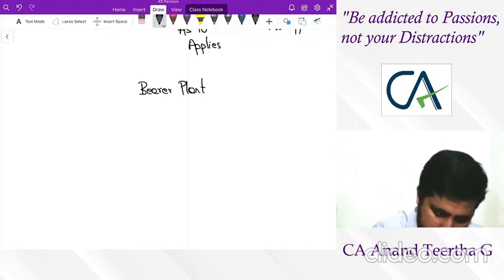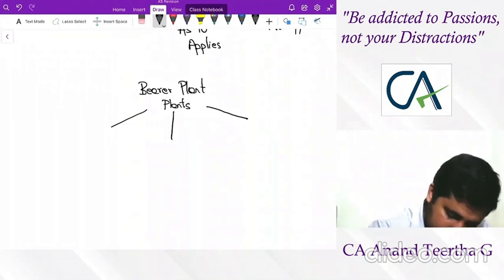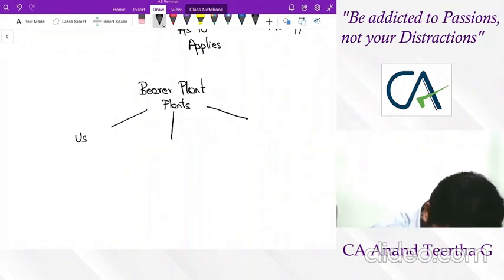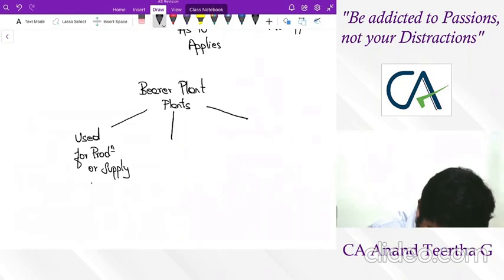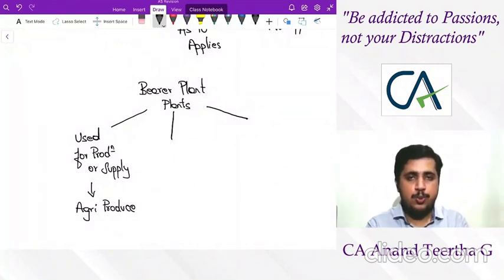A bearer plant is a plant first used for production or supply of agricultural produce.